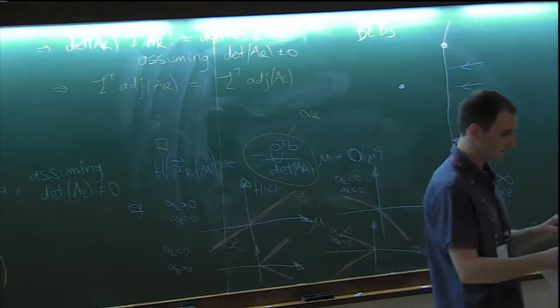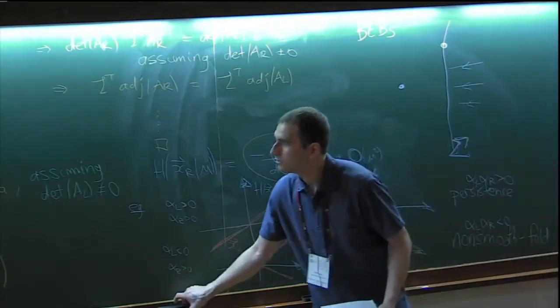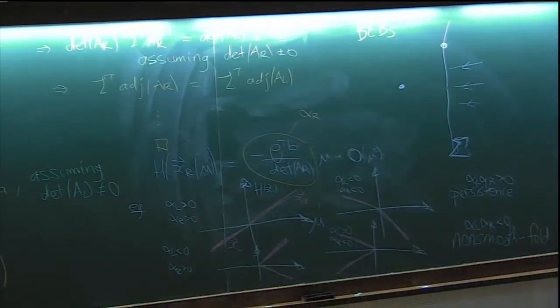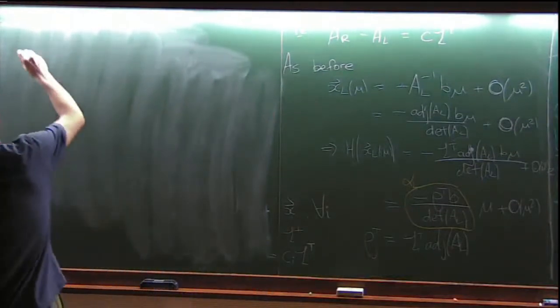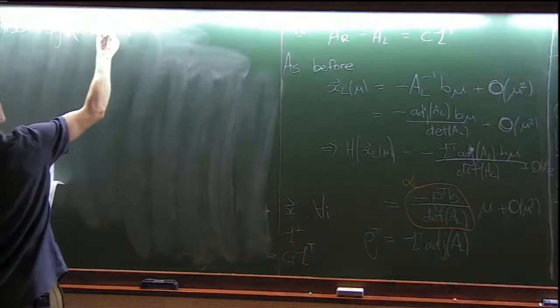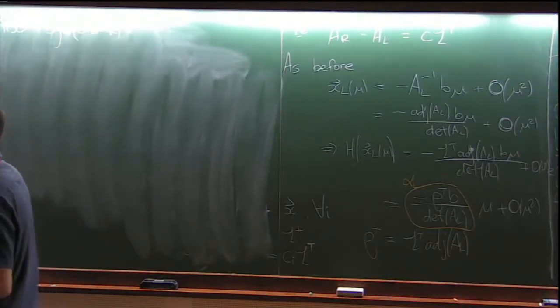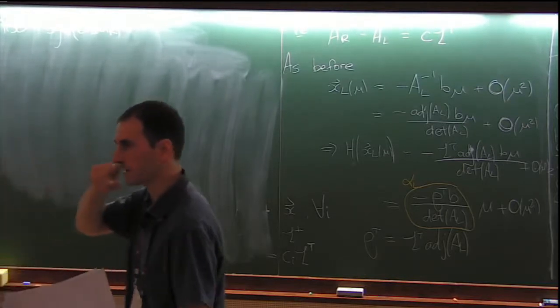Okay, so one more calculation to do, and then I'll have an exercise for you. Okay, so we've just seen that what's important is alpha L times alpha R. We want to know if that's positive or negative.